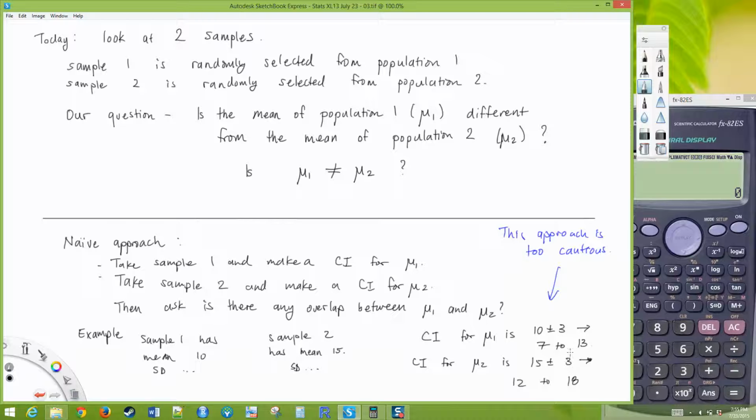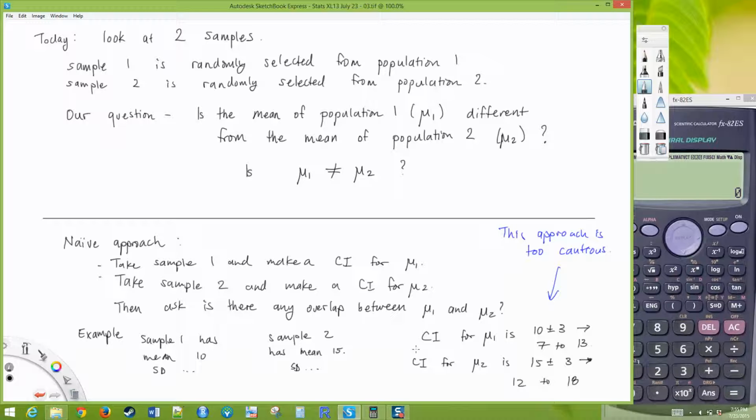Because the only way for mu1 and mu2 to actually be the same in this situation would be that for sample 1, our sample happened to be on the low side when mu1 needs to be high, and for sample 2, the opposite needs to have happened. Okay, and the probability of those two things happening together is actually much lower than just getting some random difference.